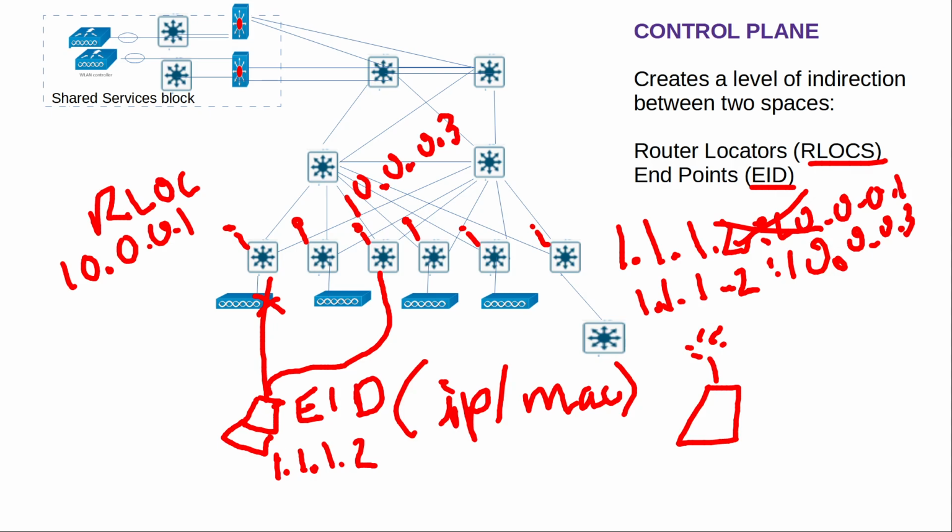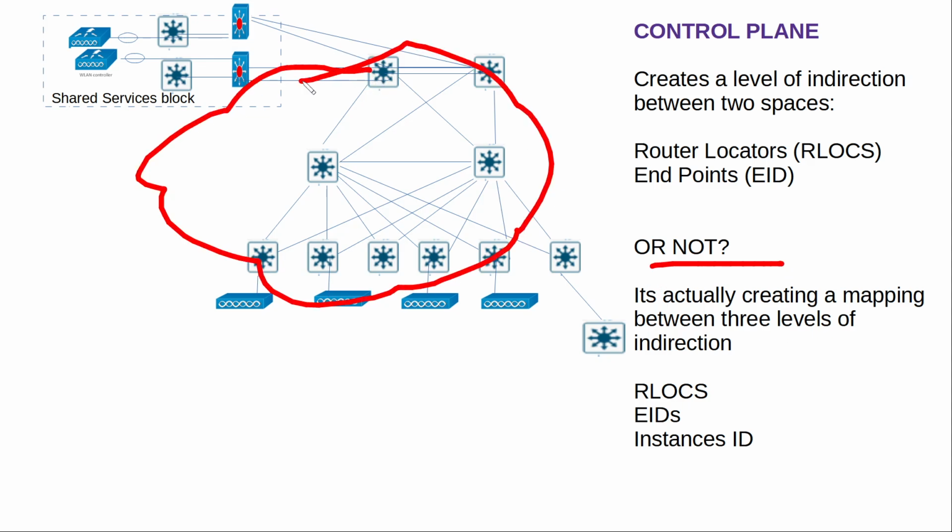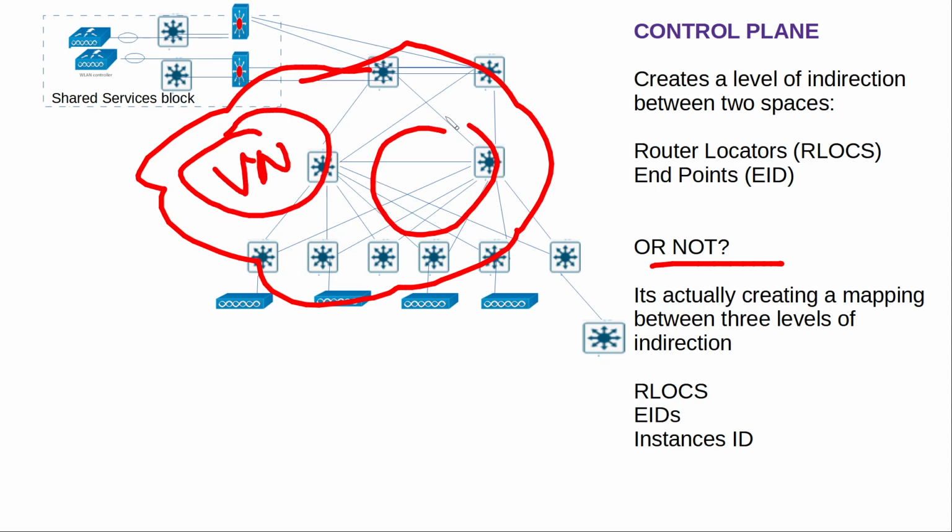But it is not only that. Remember that within my fabric, I can define virtual networks. So these virtual networks are identified by a particular number. So my actual LISP mappings within my fabric will be an endpoint ID.